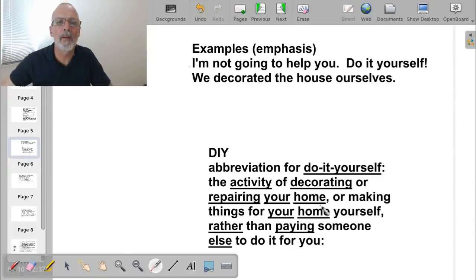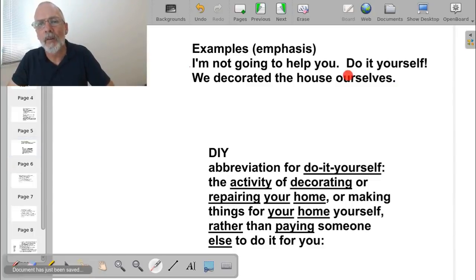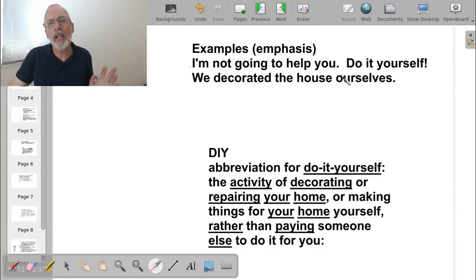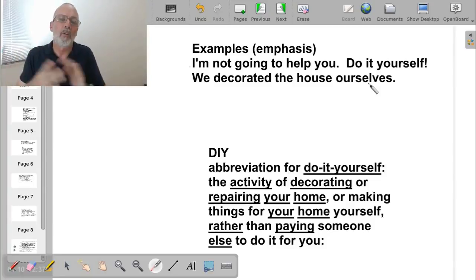And underneath we have another example. We decorated the house ourselves. Again, here the reflexive pronoun is for emphasis. We could just say we decorated the house, but here you want to emphasize that we did it, that we painted the house, that we didn't pay somebody else to decorate the house.